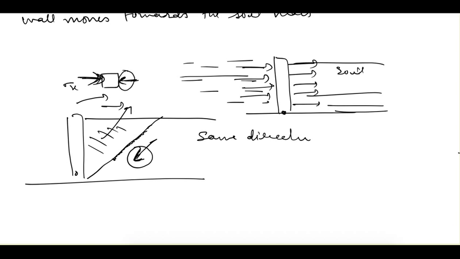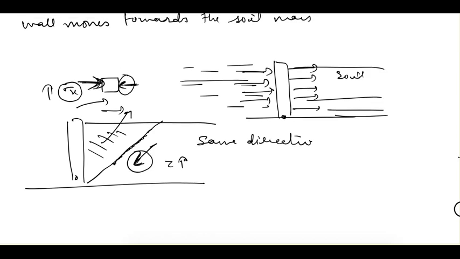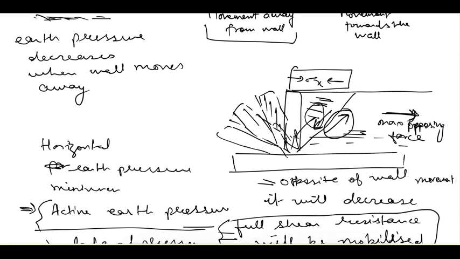It means that if this shear resistance increases, then these horizontal stresses, or horizontal pressure, also increase. Whereas in the case of active earth pressure, the horizontal stresses were of compressive nature, but the shear resistance was in the opposite direction.